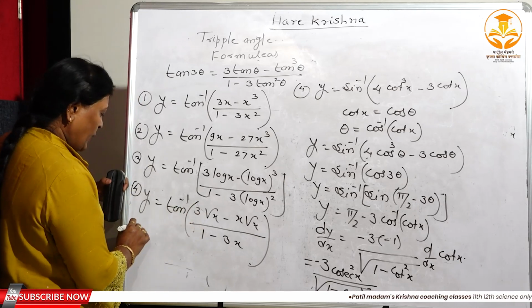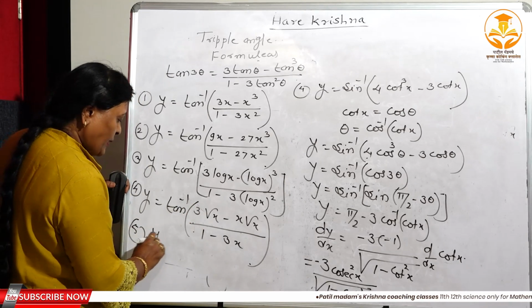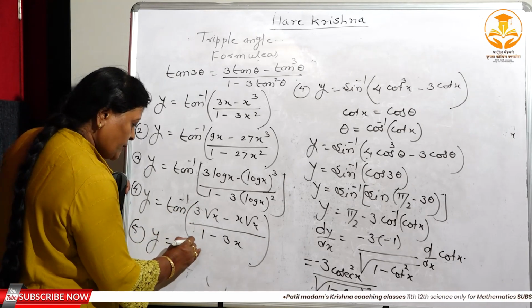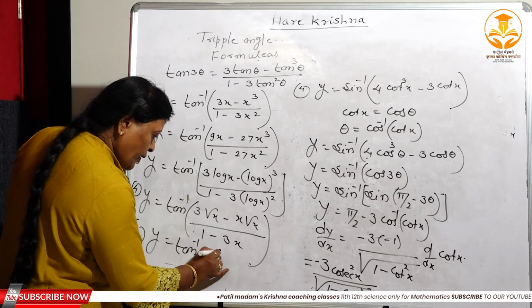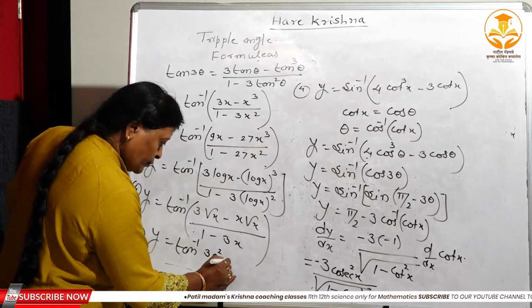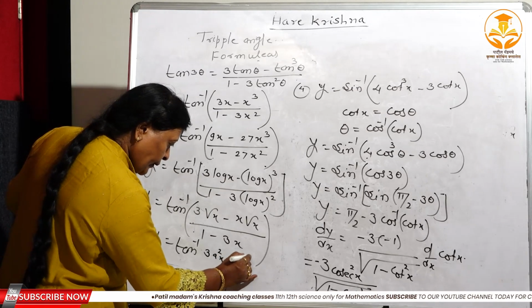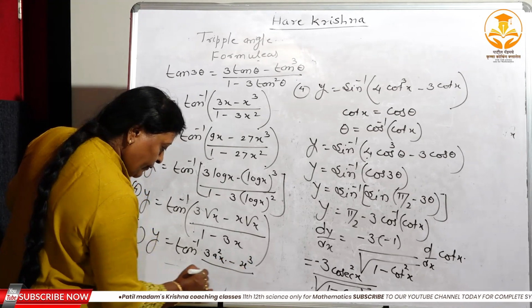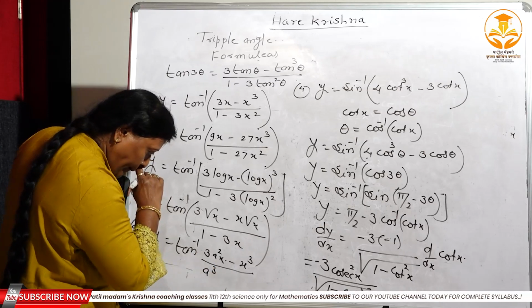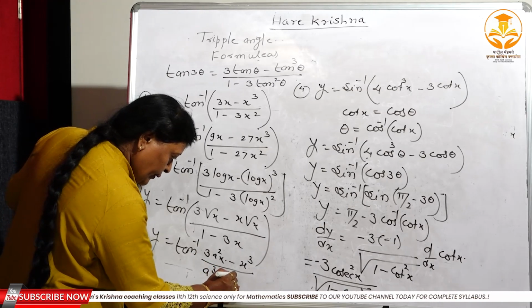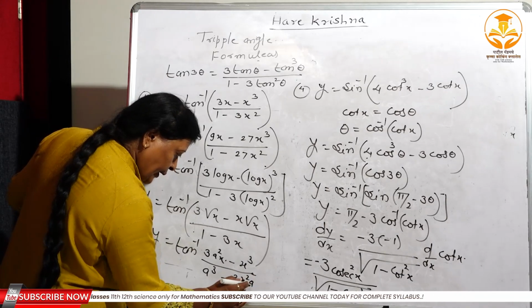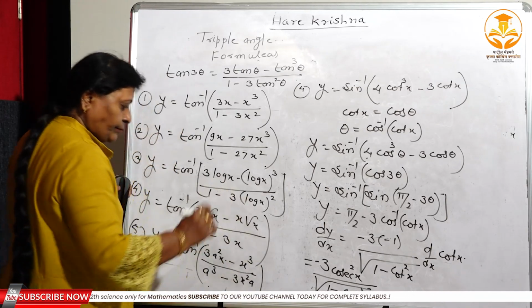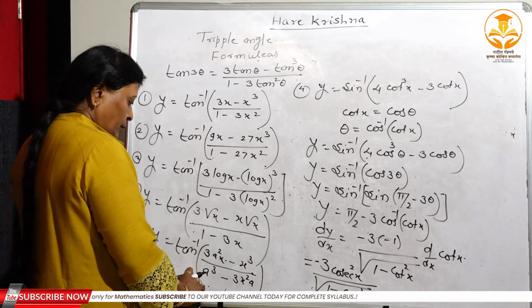This is fourth one. And the fifth one again, y is equal to tan inverse 3a square x minus x cube divided by a cube, and here 3x square a, 3x square a, isn't it?